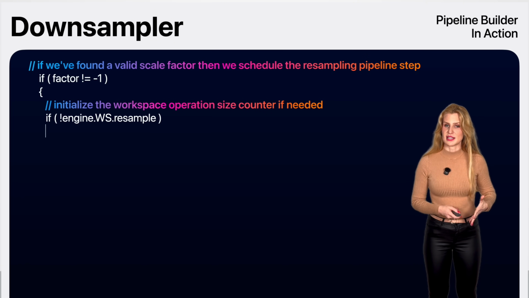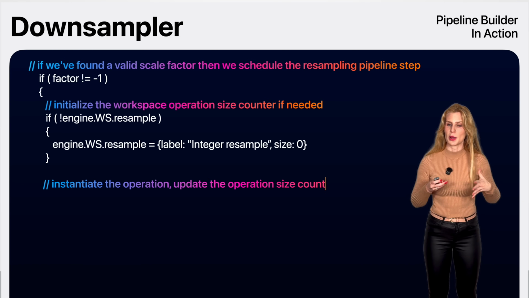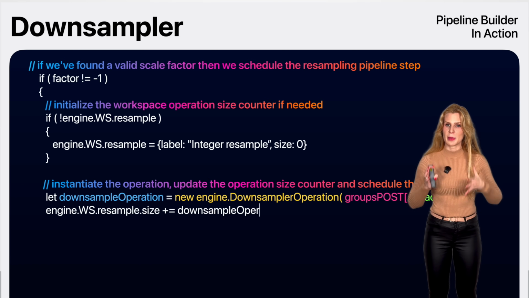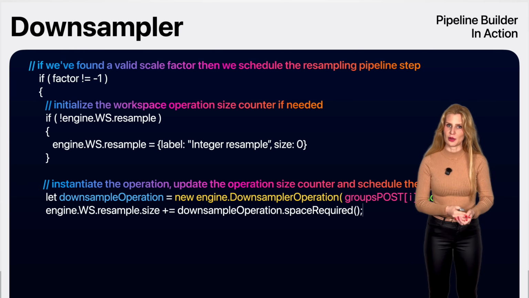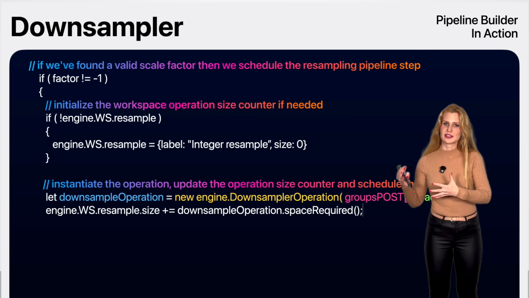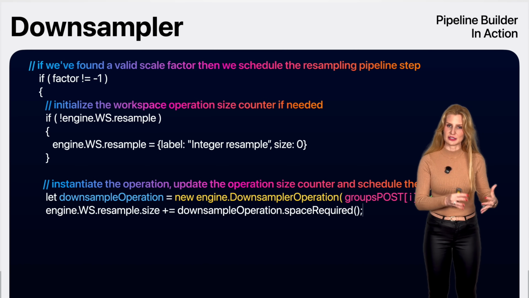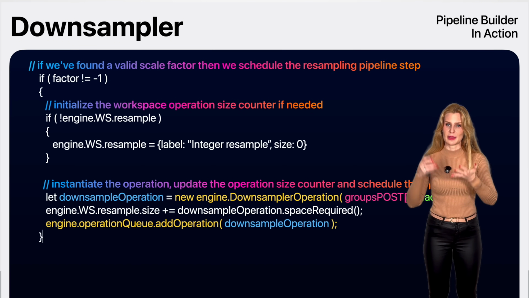We're gonna initialize the workspace, the operation size counter. We're gonna start counting how much space we actually need. Remember that we did define a helper function earlier, so that's what we're gonna call now with our actual frames, because now we don't just know how to calculate it, we have the actual frames to calculate it on. So we create the operation, we calculate the size, and we add it to the queue.